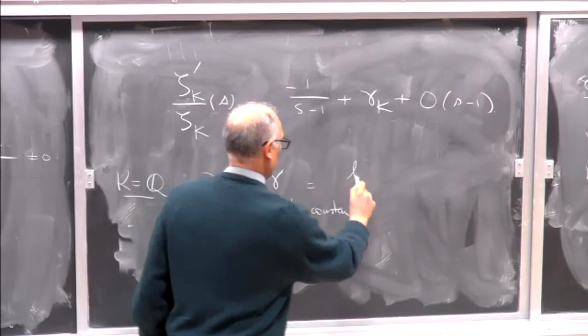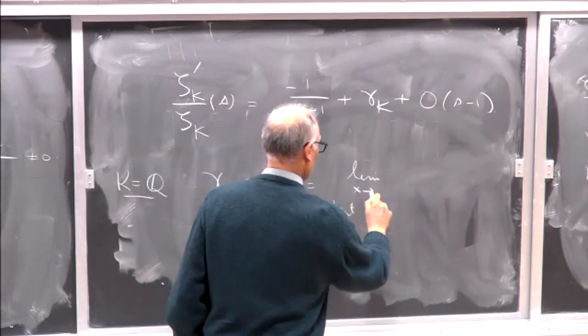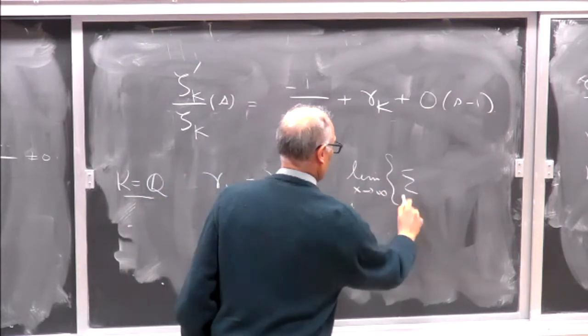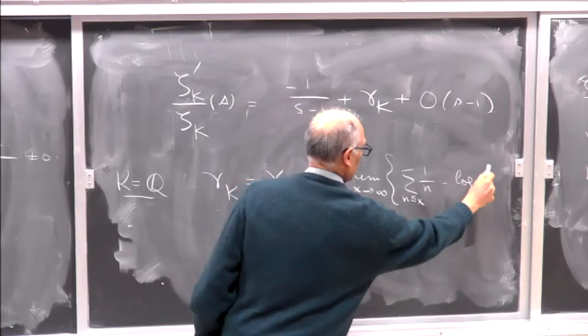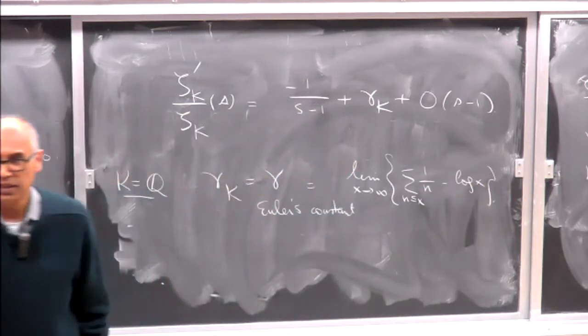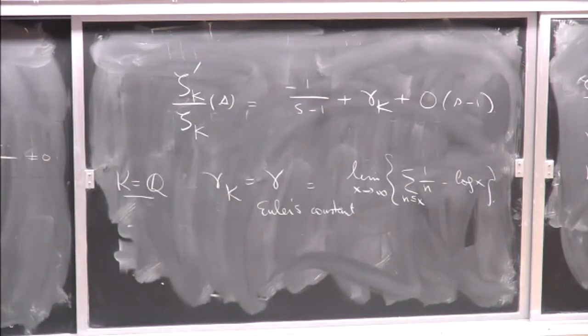By definition it is the limit as x tends to infinity of the sum of 1 over n minus log x. You know, the partial sums of the harmonic series grow like log x. So if you subtract that, then the constant term is gamma, little gamma. Little gamma is a very mysterious quantity. We don't know, for example, whether it's irrational.